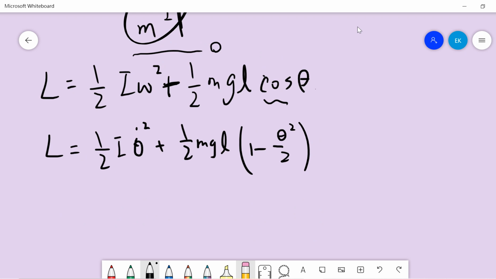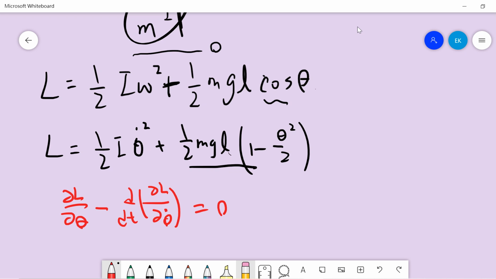And the good thing is that this first constant term is not important. So when we write the equation of motion of the Lagrangian, what we have is this minus d over dt of this equals 0.